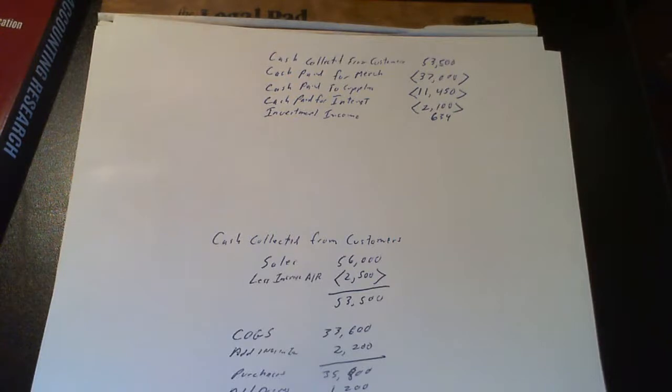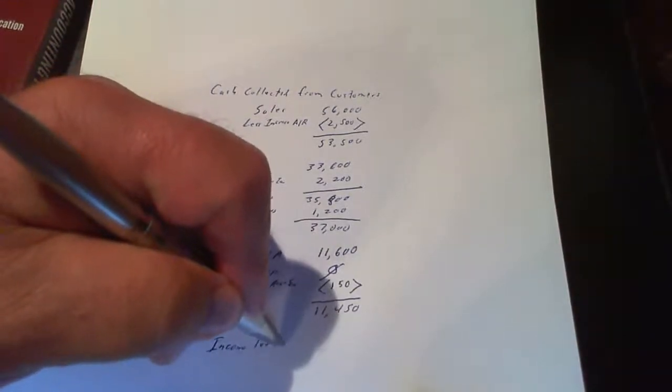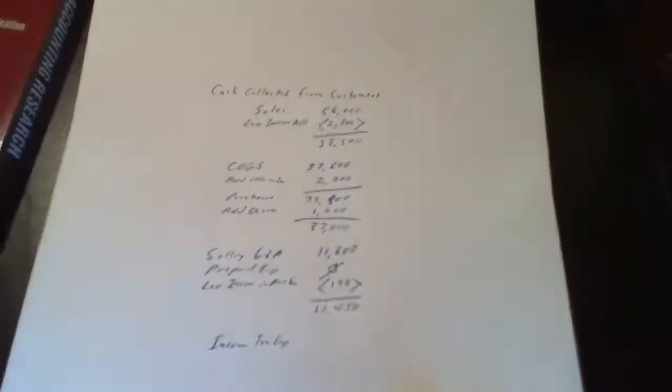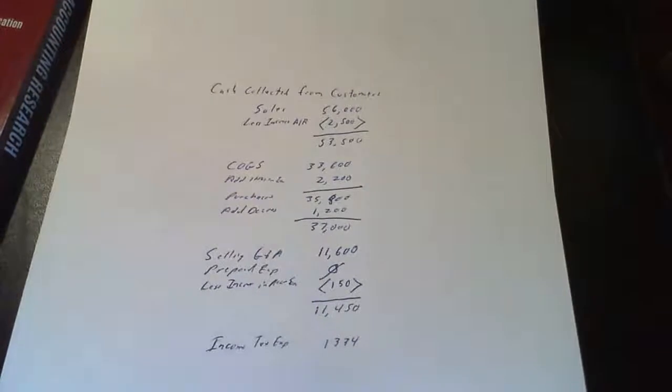And then the last thing that we will have to worry about is the income taxes. So if we look on our statement, we have income tax expense. The income statement lists that as 1,334. And then we have to go look at our balance sheet for the income taxes payable. We were at 2,450.